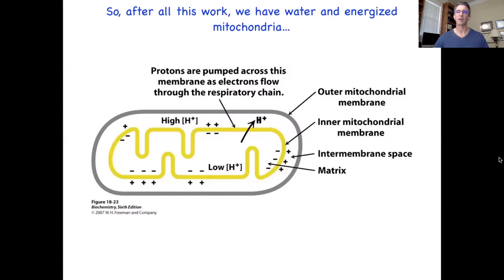So that's going to result in a separation of both proton concentration and charge across the inner mitochondrial membrane. And that's the energetic condition, the so-called energized mitochondrial condition that we're going to use, as we'll see in the next lecture, to make ATP.